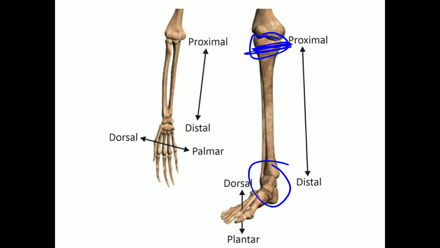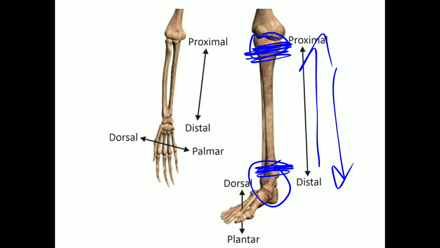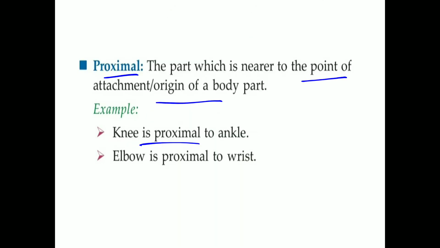This part, the upper part of the tibia, is proximal to that of the distal end, the lower part. So this is proximal, and down is distal. So here this joint is proximal, and this is distal. Elbow is proximal to wrist.